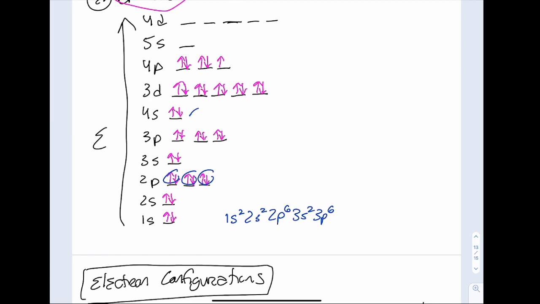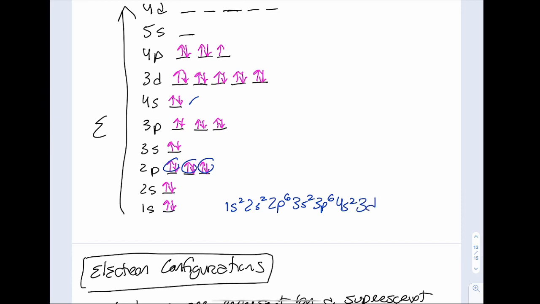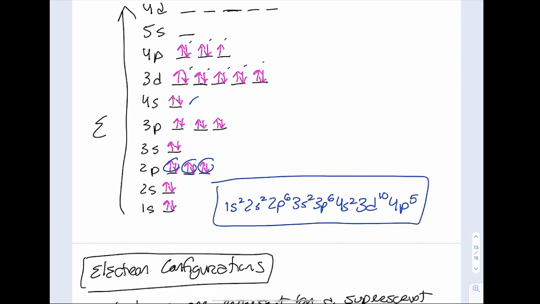Now up here, 4s with 2 electrons. 3d is next. And if we count, I have 2, 4, 6, 8, 10 electrons. Next is 4p, and it has 2, 4, 5 electrons. So this would be my electron configuration for bromine.